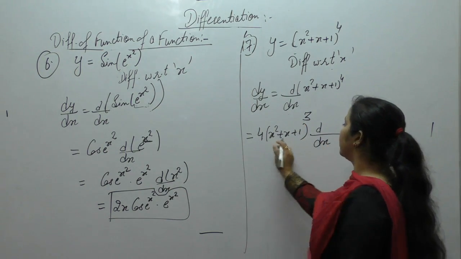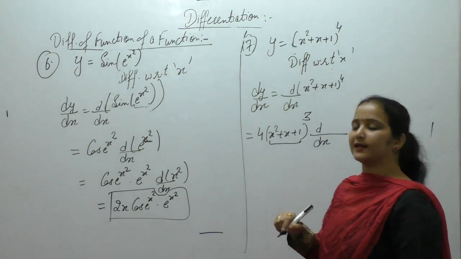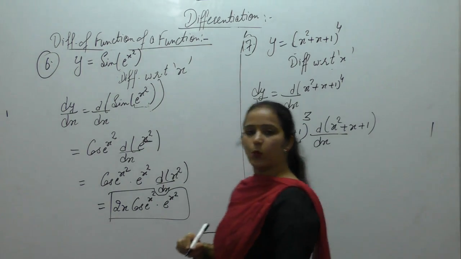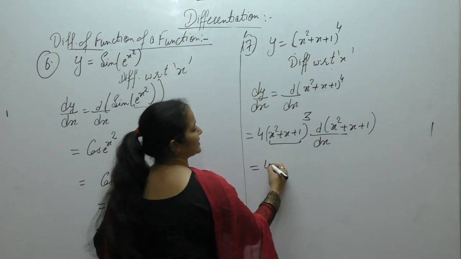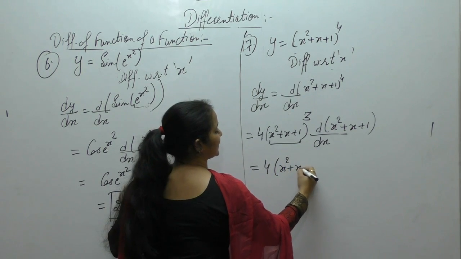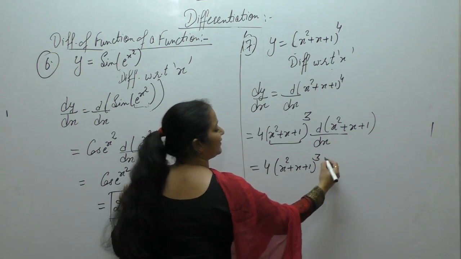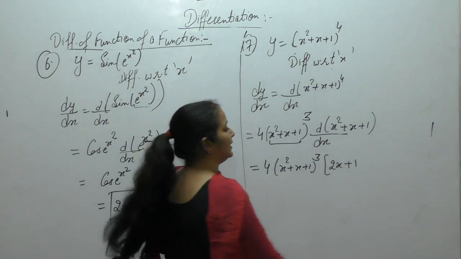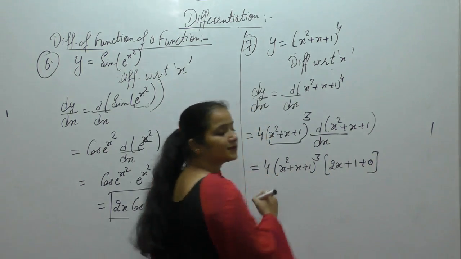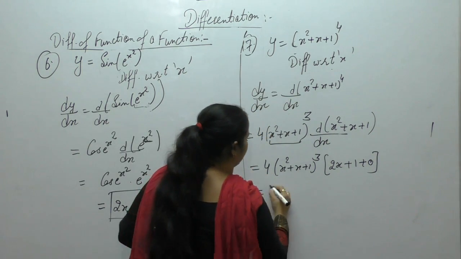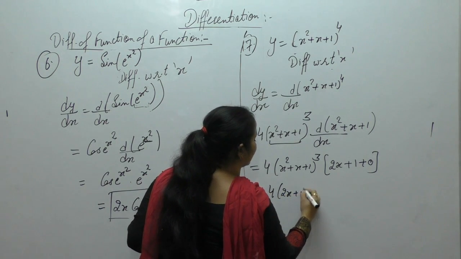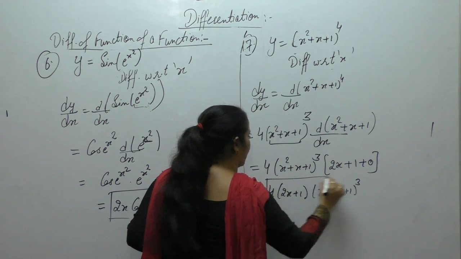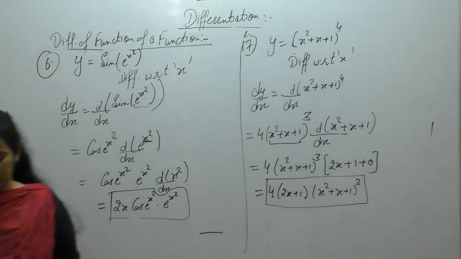Now instead of x we have this term, so we have to take the derivative of this term also, x square plus x plus 1. 4 is constant, (x square plus x plus 1) whole cube, derivative of x square is 2x, derivative of x is 1, derivative of constant term is 0. Clear? So what we get? 4 into (2x plus 1) into (x square plus x plus 1) whole cube. Note it down.